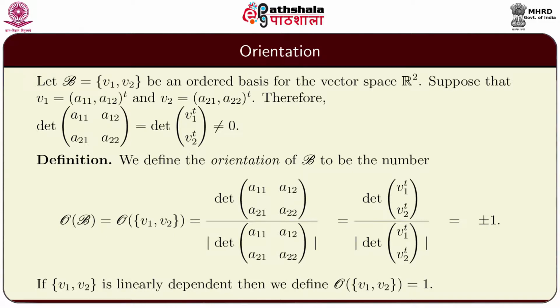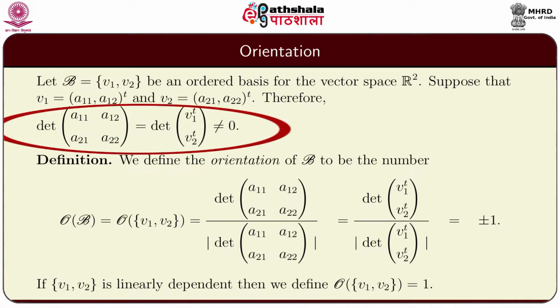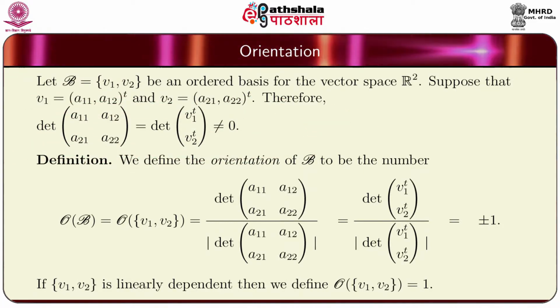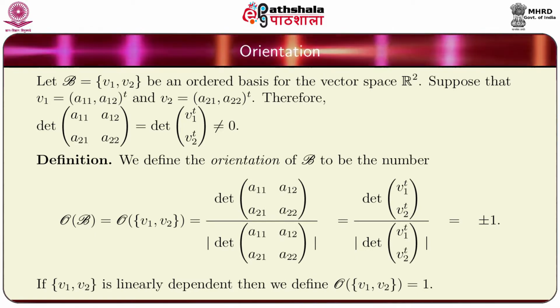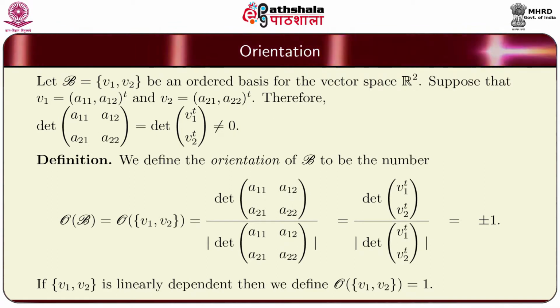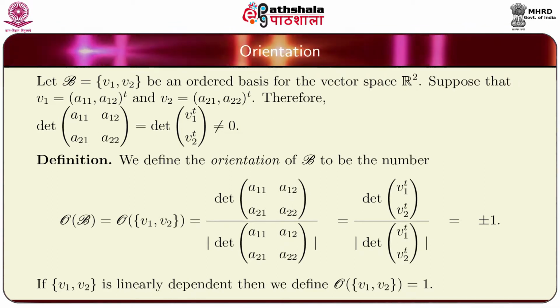Since we know that V1, V2 form a basis, they are linearly independent, and therefore the determinant of this 2 cross 2 matrix A11, A12, A21, A22, which in our notation is the determinant of V1 transpose, V2 transpose, is non-zero.